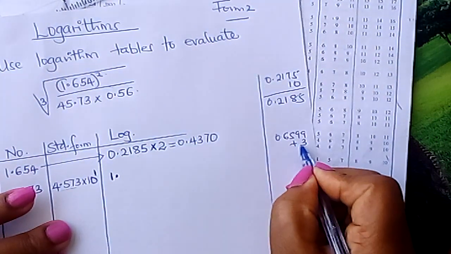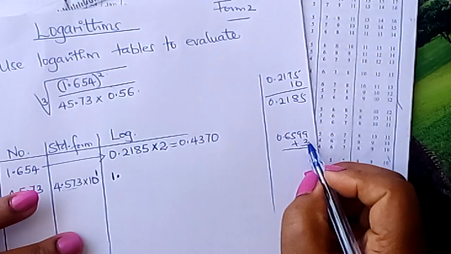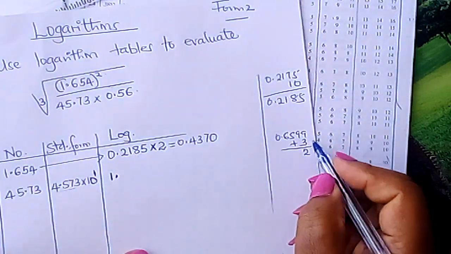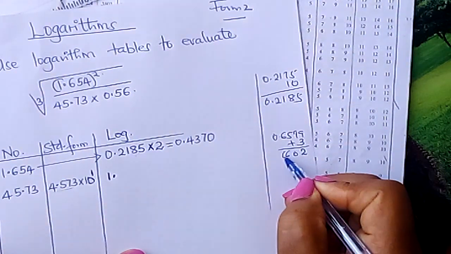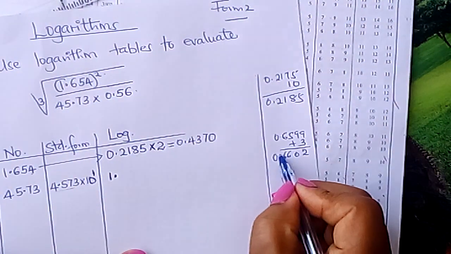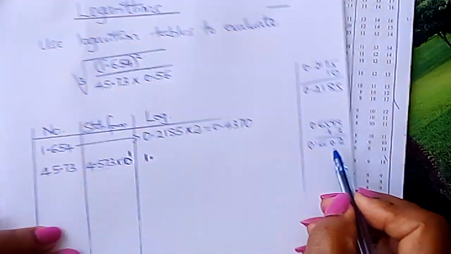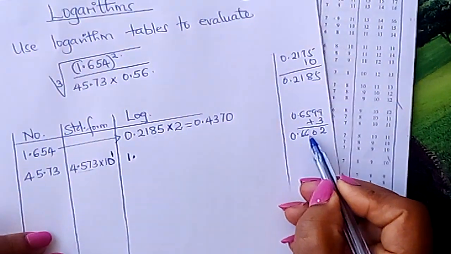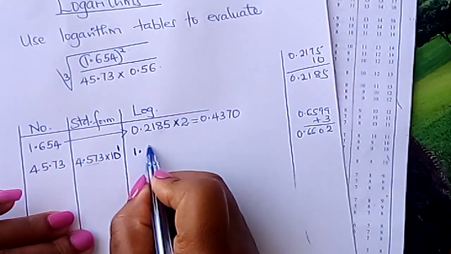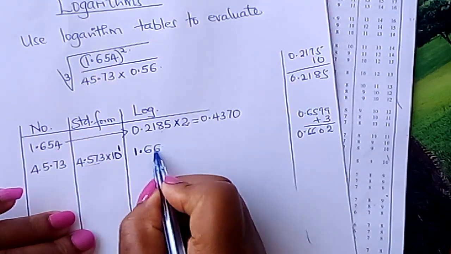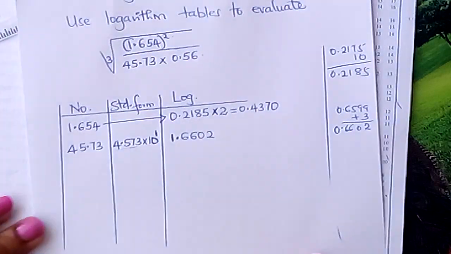Go and practice how to read logarithms from the tables and add. So 0.6599 plus 3 gives 0.6602. You come and fix it here, and that is the logarithm.